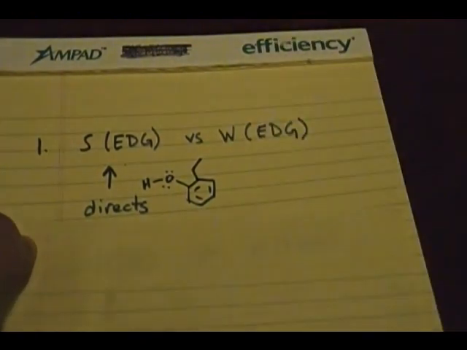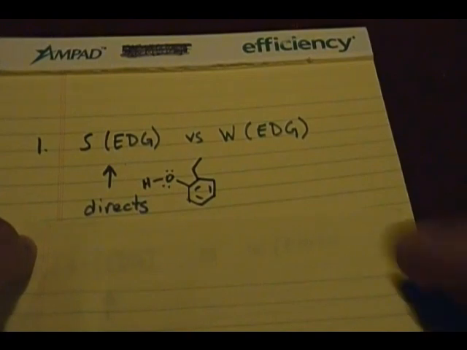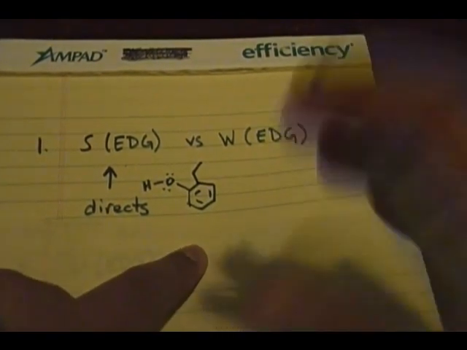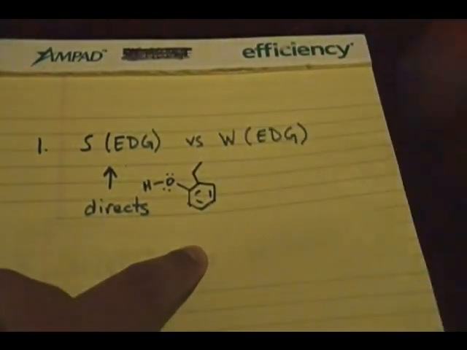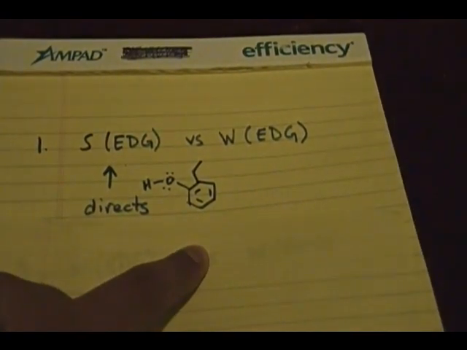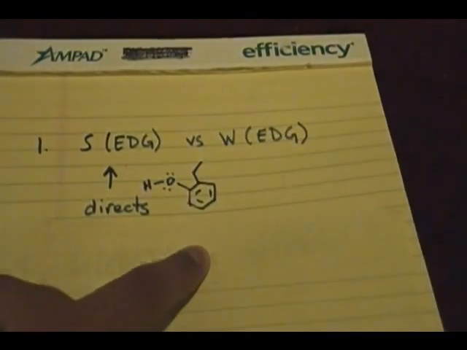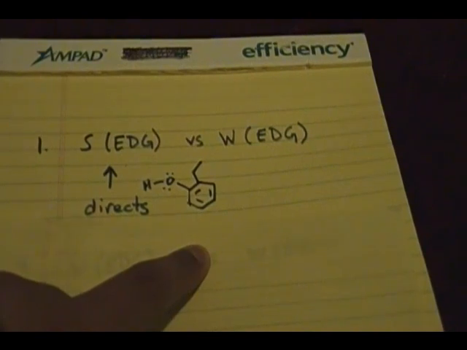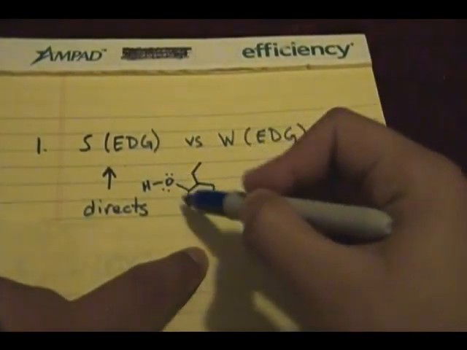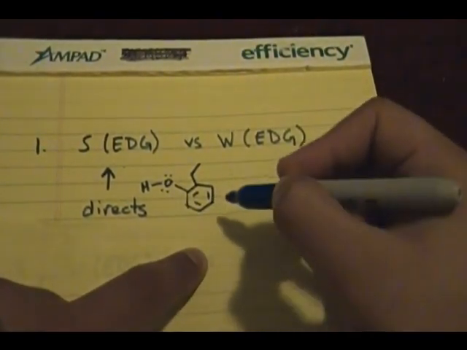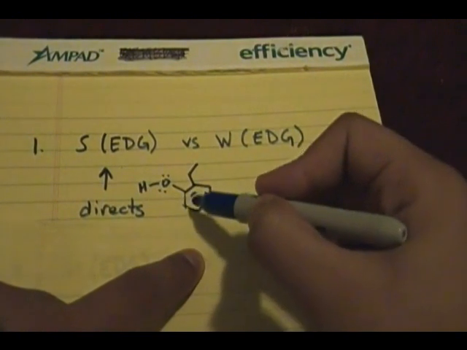Now the halogenation, like I said, I'll be talking about halogenation only. Where will the halogen add onto this ring? Which hydrogen would it substitute? Since this is a strong electron donating group, it will direct to the ortho and para positions, and this will direct the positioning of the incoming bromine or chlorine.